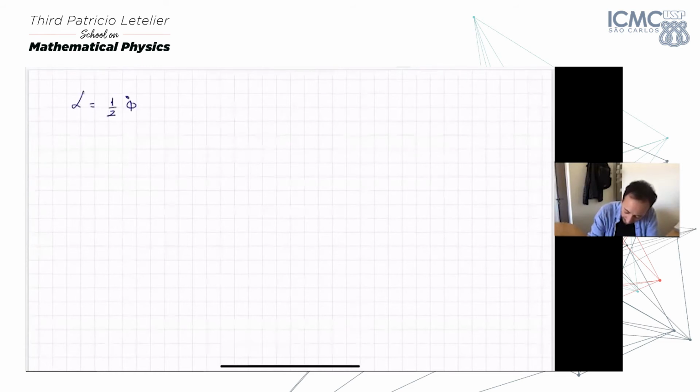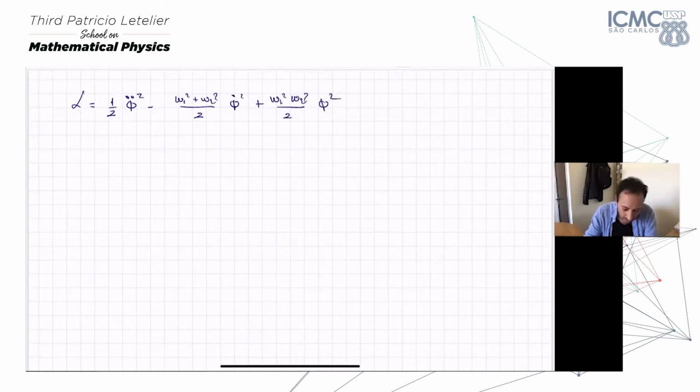We can add, of course, the coupling term, but that will just make things more complicated. So let's keep the free theory like this, and we have omega 1 squared, omega 2 squared divided by 2 times phi squared. Now this is the Lagrangian that we had at the beginning, the free theory.